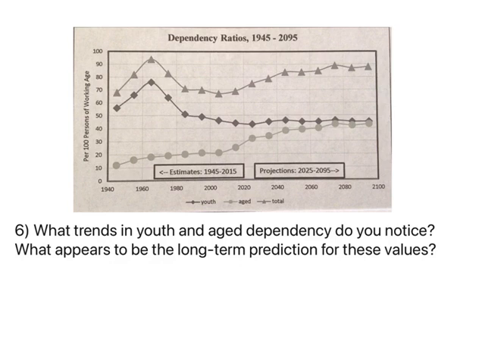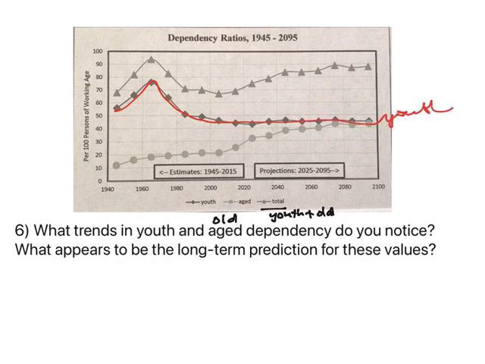So what trends in youth and age, when we say age, this is old people, right? And total is the youth plus the old. Okay, so what trends in youth and old people? Youth is here. The red is youth.